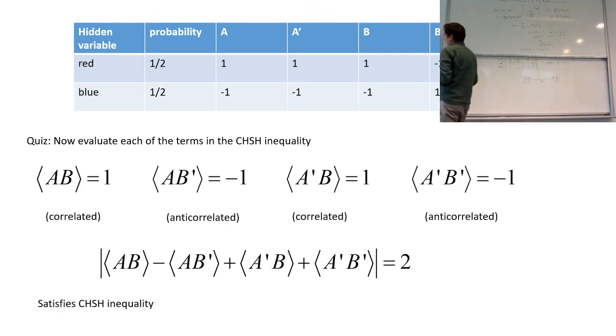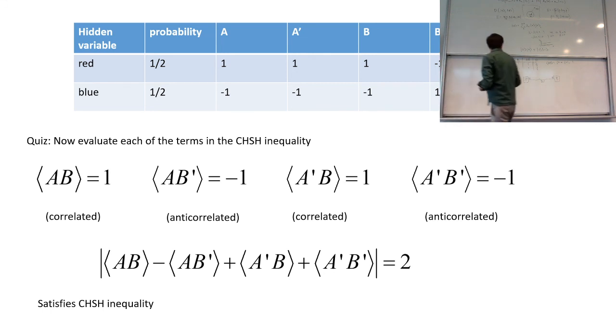Another way to say this is that according to these rules, this observer will say A prime, B prime is anti-correlated because it gives the opposite value each time. For this one, it gives the same value each time, so they're correlated. This pair is anti-correlated because it's giving the opposite results every time.